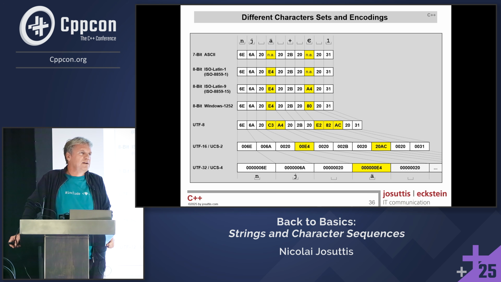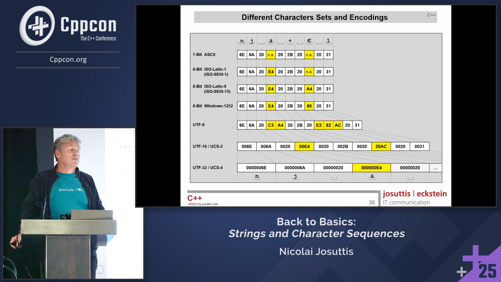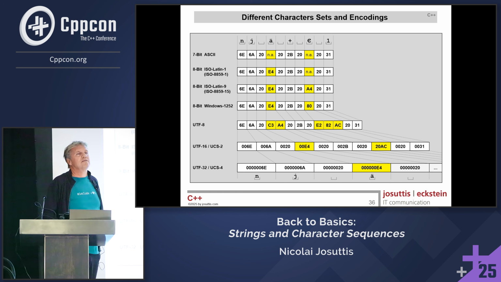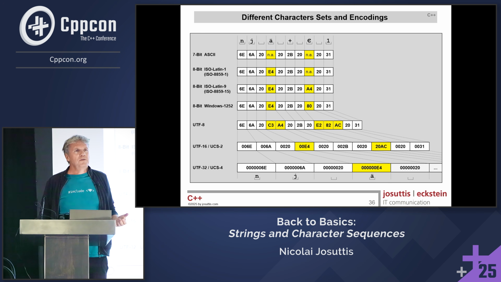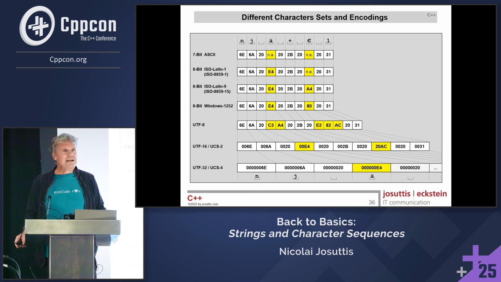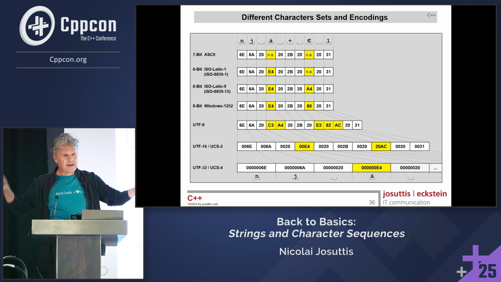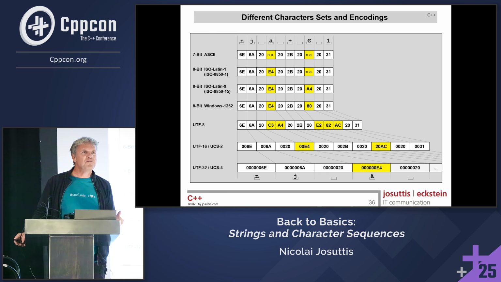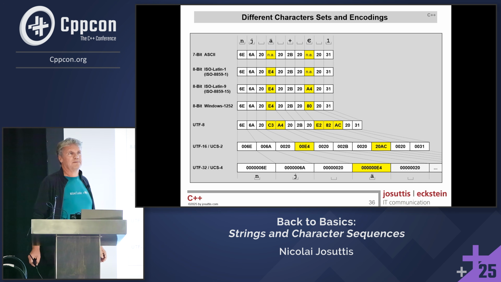We had 128 characters. A few of them were special, like newline. And that was enough, because we were ignoring that there are things like umlauts, the euro symbol, or Asian characters.